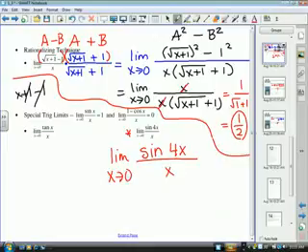I don't think that'll work, but oh, I see what you're saying. You could write that in terms of sine of 2x. There is a way to do it, but we're going way too complicated here. There is an easier way to make this look more like this.